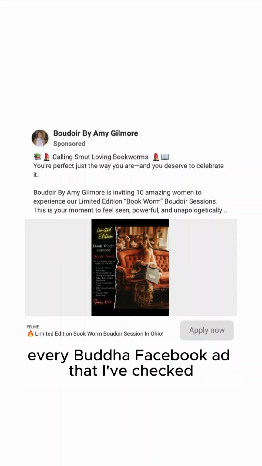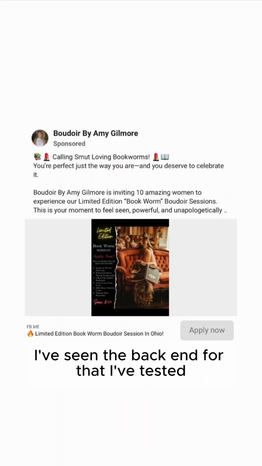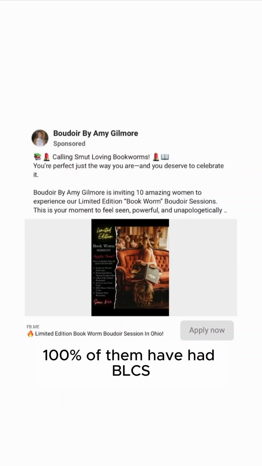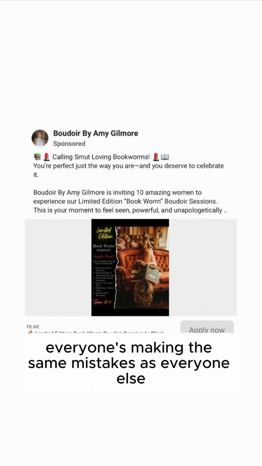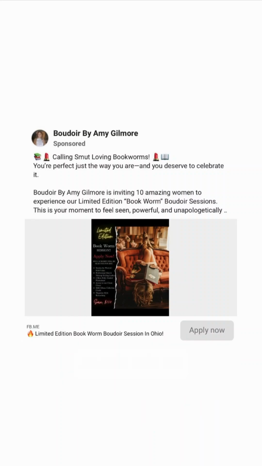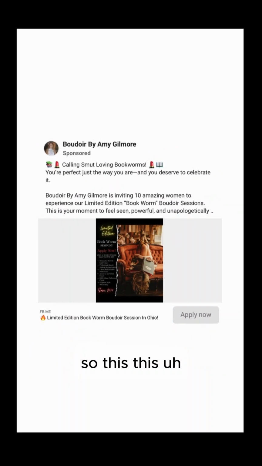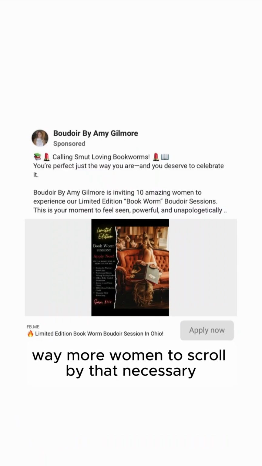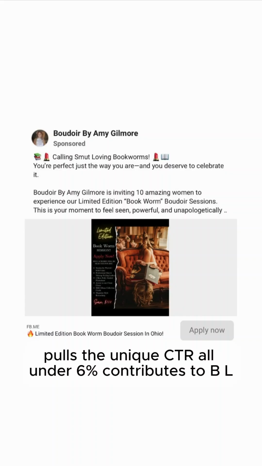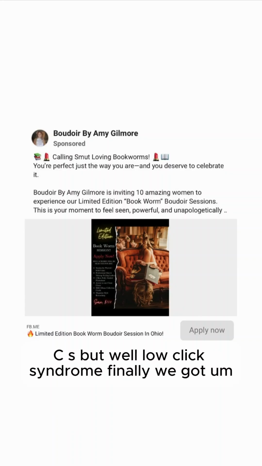Well, every Boudoir Facebook ad whose back end I've seen and tested, 100% of them have had BLCS, Boudoir low click syndrome, a unique CTR under 6%, because everyone's making the same mistakes as everyone else. So this looks-like-an-ad mistake causes way, way, way more women to scroll by than necessary, pulls the unique CTR under 6%, and contributes to BLCS.